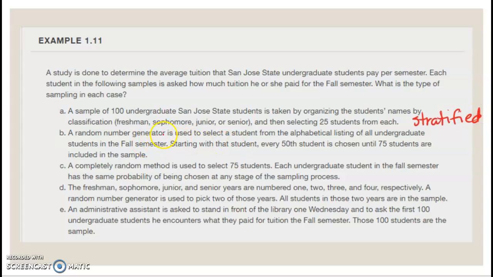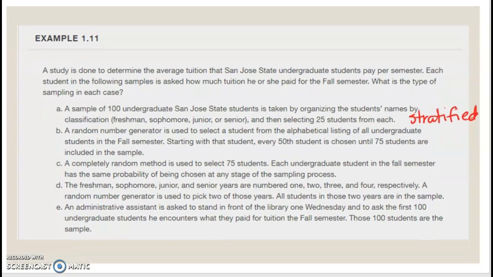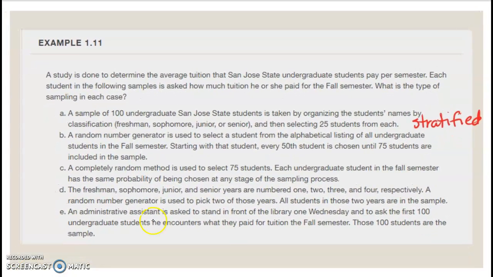A random number generator is used to select a student from the alphabetical listing of all undergraduate students in the fall semester. Starting with that student, every 50th student is chosen until 75 students are included in the sample. Well, we've got a bunch of them mixed in there.